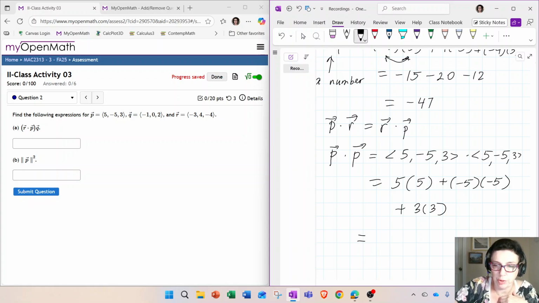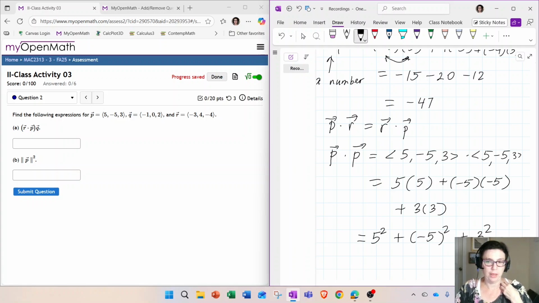But we can also write this as 5 squared plus -5 squared plus 3 squared. And that should remind you of something, right? Do you remember how you found the magnitude of a vector? You would just square each component and add them up. But at the end, you would have to take the square root. So here you do not take the square root.